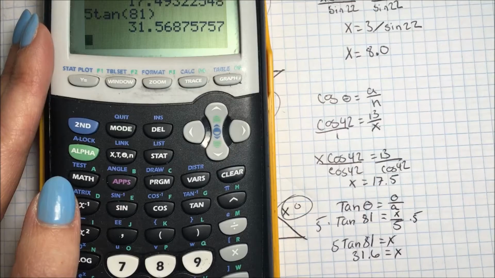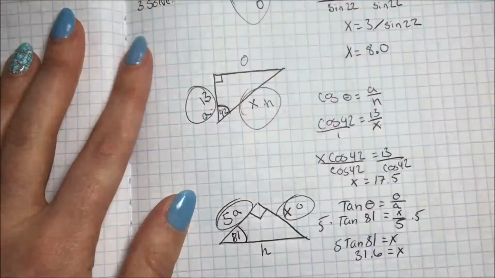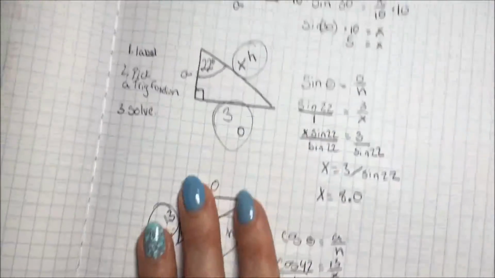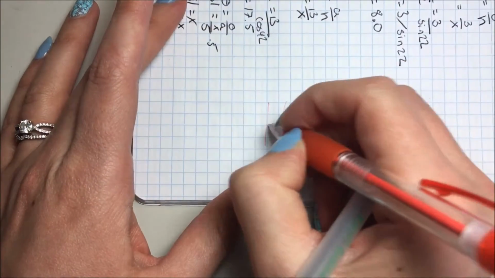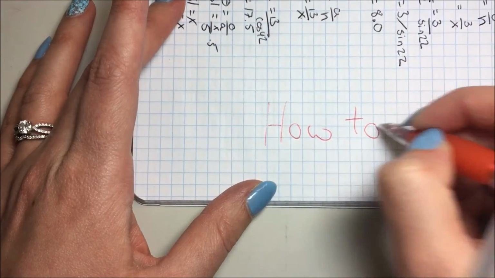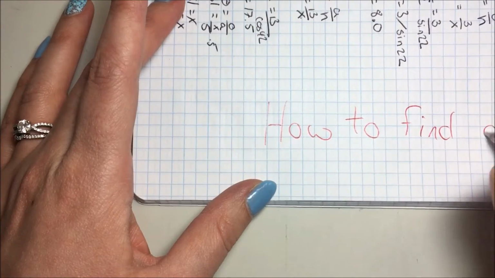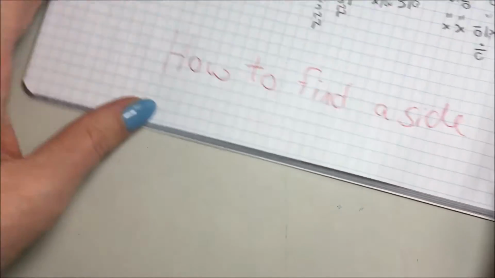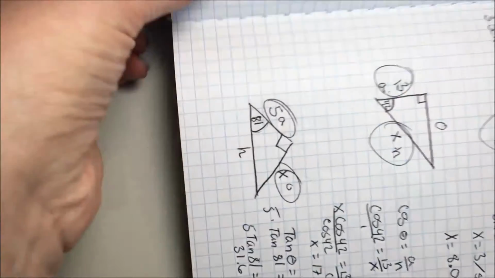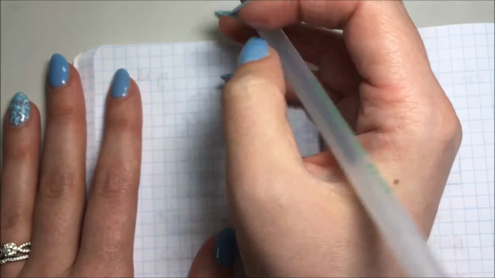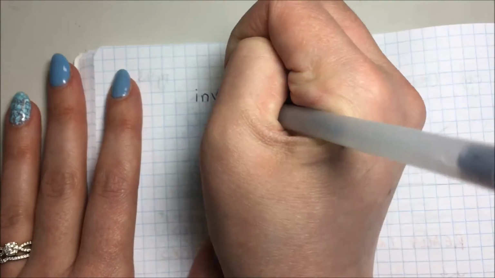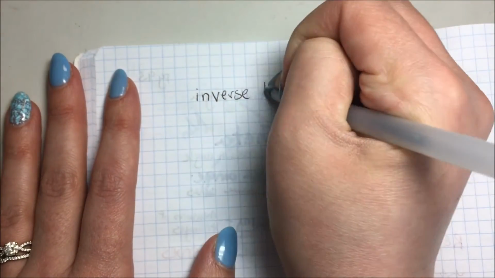Okay? So let's say we want to find an angle. So this was how to find a side, right on this side here. Over here I'm going to do how to find an angle. And what we're going to need is inverse trig functions.